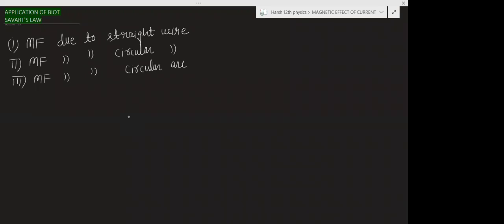These are the three things that we will study in the Biot law, for the application part. So please note it down. I am moving to the next slide. You can write it down.